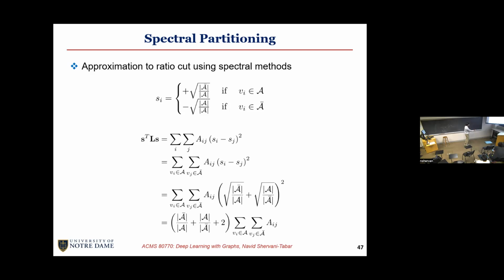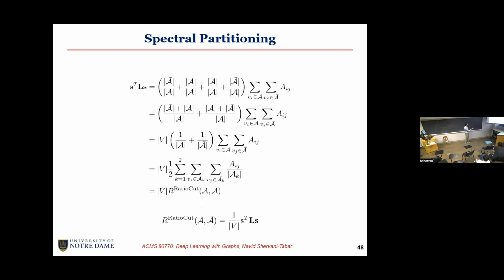Okay, so we wrote S transpose L S in this form, and then we can separate 2 into two ones. So 2 is equal to 1 plus 1, and we can write one of them as A over A, the other one as A bar over A bar. And then these two have the same denominator and these two have the same denominator. This is what we are left with, okay?